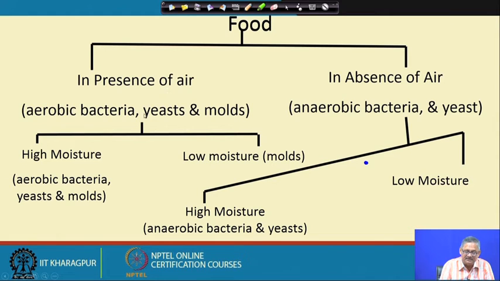So, under that, at high moisture level, aerobic bacteria, yeast and mold, all three need high moisture level to grow. If it is a low moisture level, then bacteria and yeast cannot grow, only mold can grow, right? Only mold can grow.